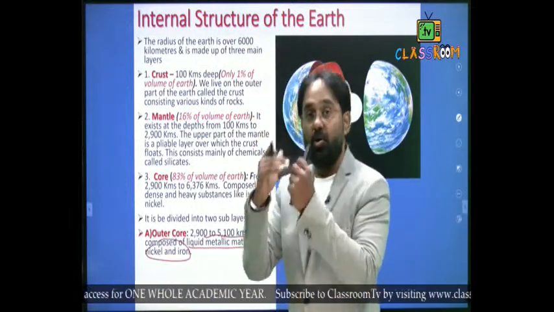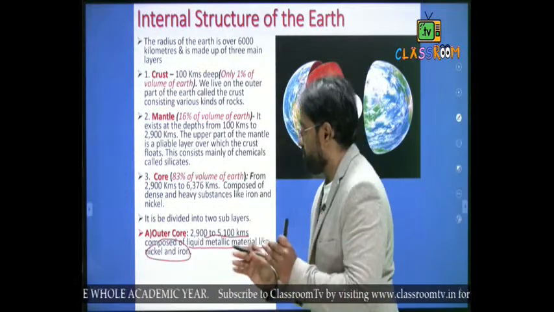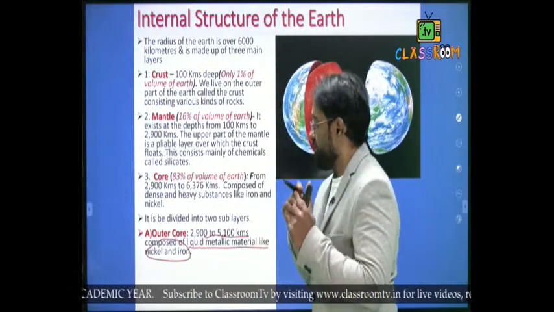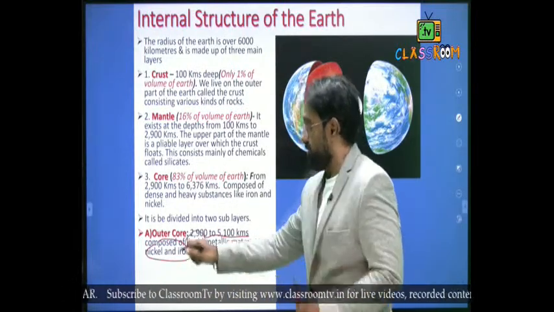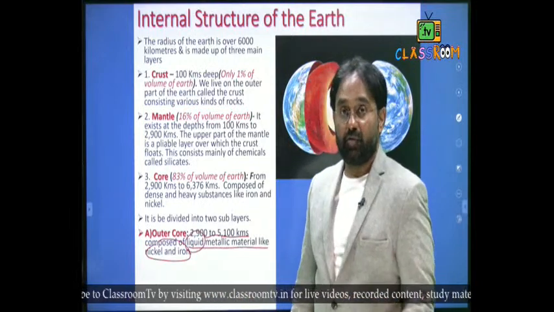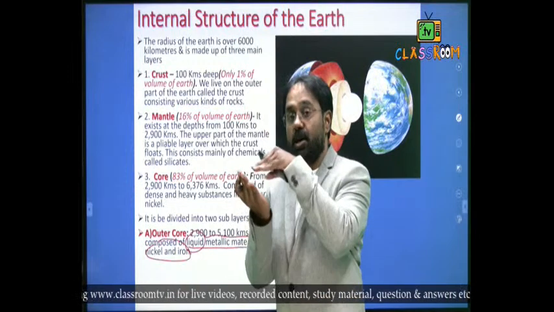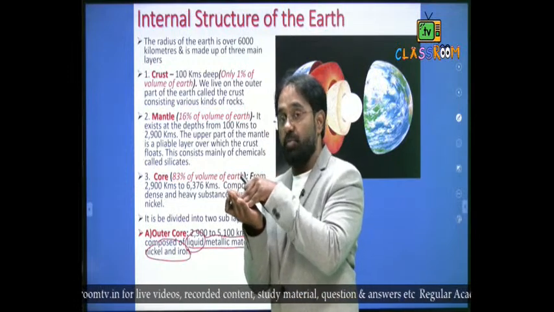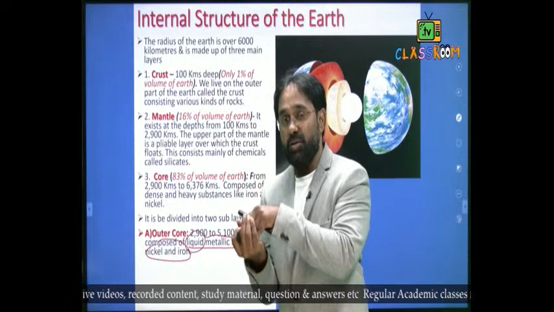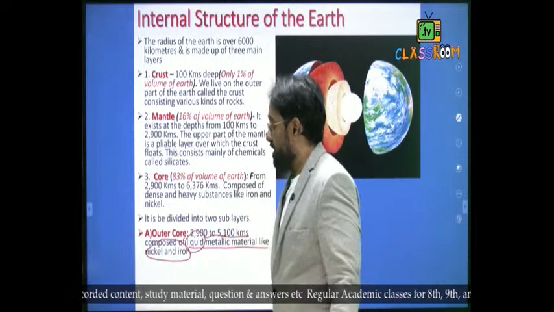See here, in the outer core, what are you finding? You are finding nickel and iron in which format? In the liquid format. Understand? In liquid form, you will find nickel and iron deposited in the outer core region, and in the inner core region you will find them in the solid format.